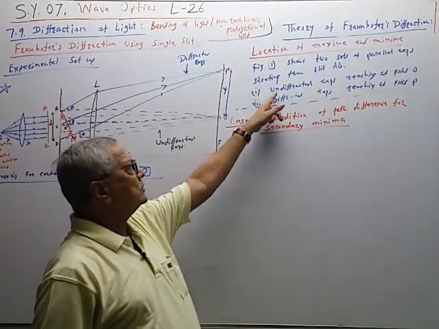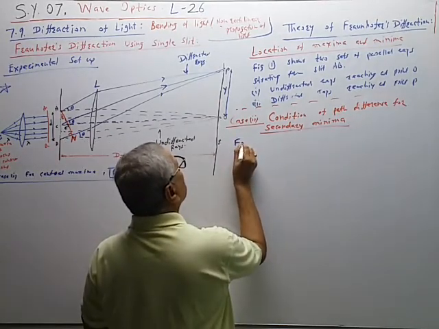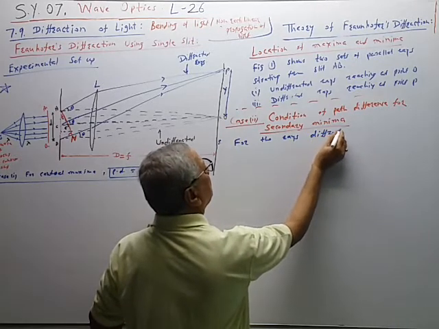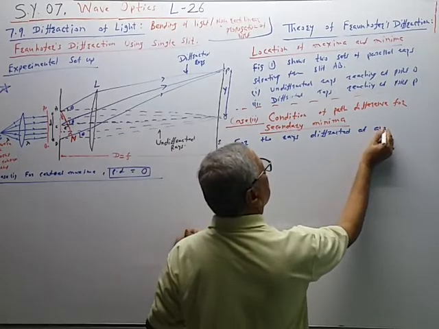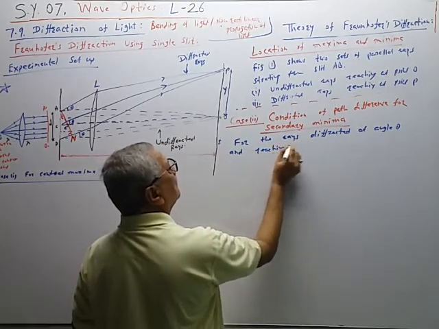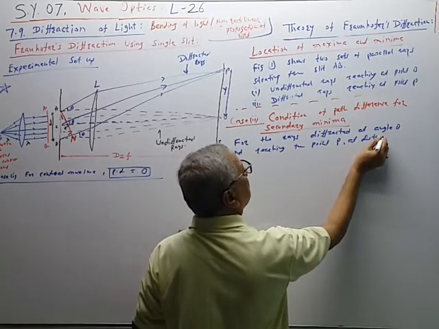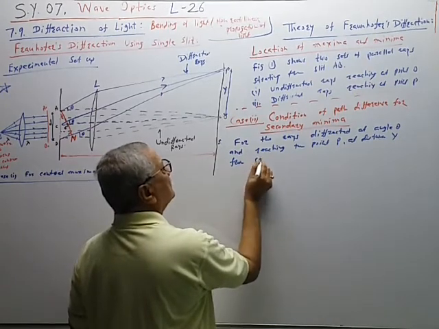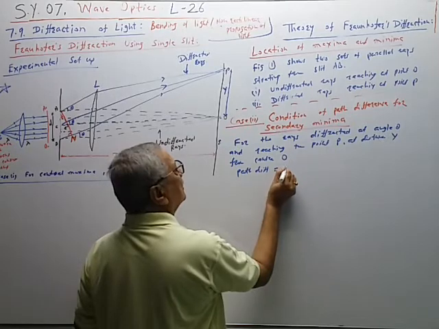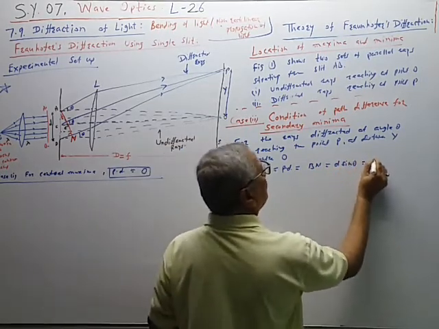And for that purpose, now we will consider the rays diffracted at an angle theta and reaching the point P at distance y from center O. The path difference PD is equal to Bn, which we have proved, is equal to d sin theta, equal to y.